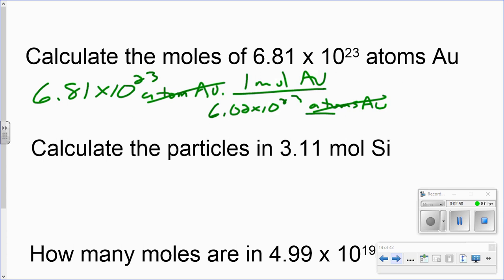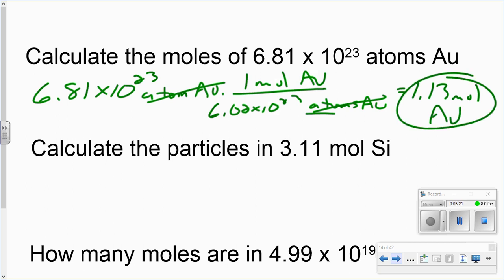You'll see a small capital E pop up on your calculator, and then just type in 23. So your calculator says 6.81, little capital E, 23. Then you want to divide by 6.02, second function, EE button, 23. Press equals, the answer is 1.13. So we end up with 1.13 moles of Au. Try to get that.